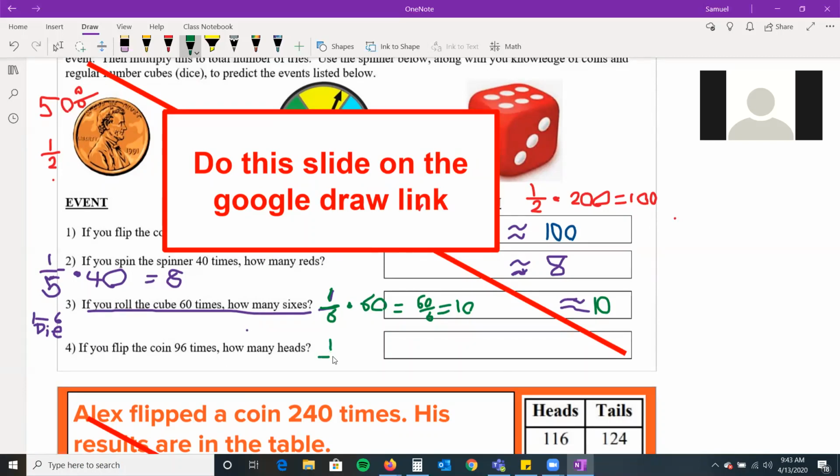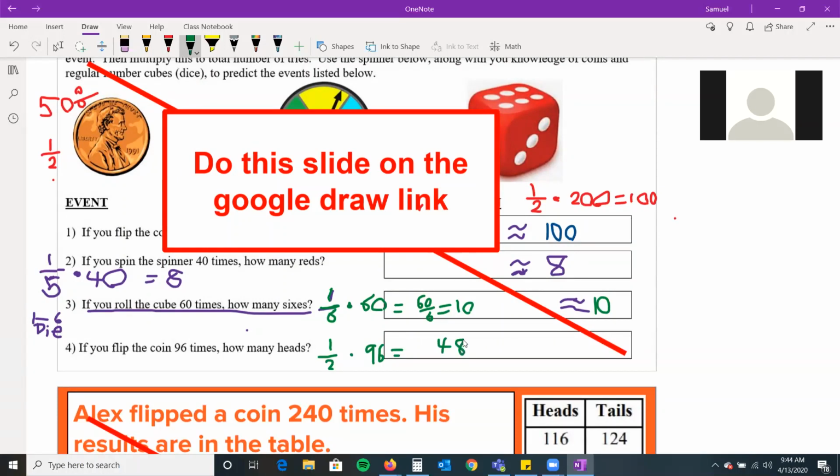We know, like we said before, 1 out of 2 is the likelihood of getting heads. And if you flip the coin 96 times, we're going to multiply by 96. 96 cut in half is going to be, let's see, 45 plus 3, that'd be 48.